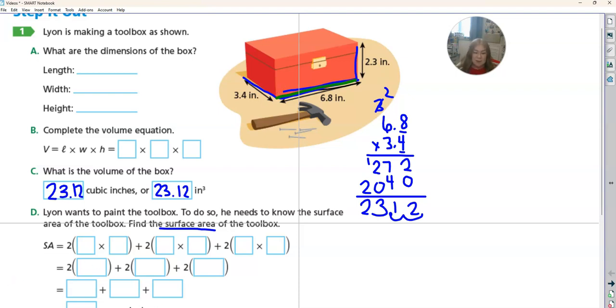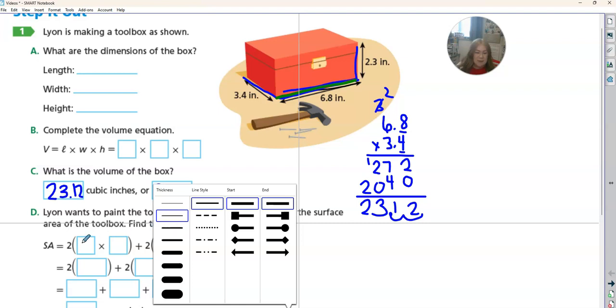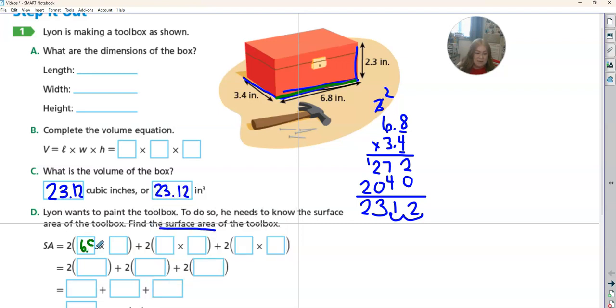So we have 6.8 is here. And the height of it is 2.3. So we're going to multiply 6.8 times 2.3 and put that there. Now we have this side here, 3.4 back, and it goes up 2.3.